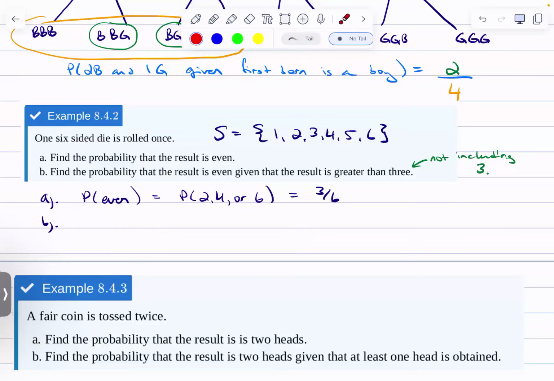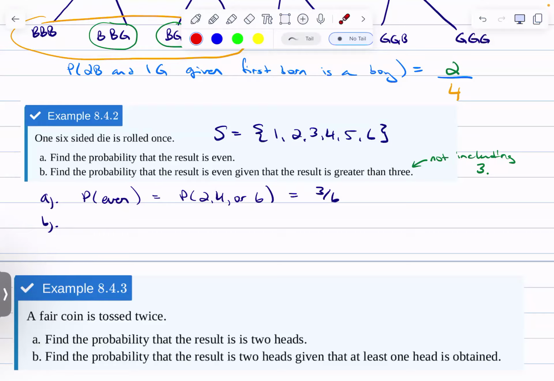If it was including 3, it would say at least 3, right? But greater than 3 does not include 3. On the final exam, I'll be clear, including, and then I'll put in brackets, not including 3, just so that you don't have to second guess yourself.